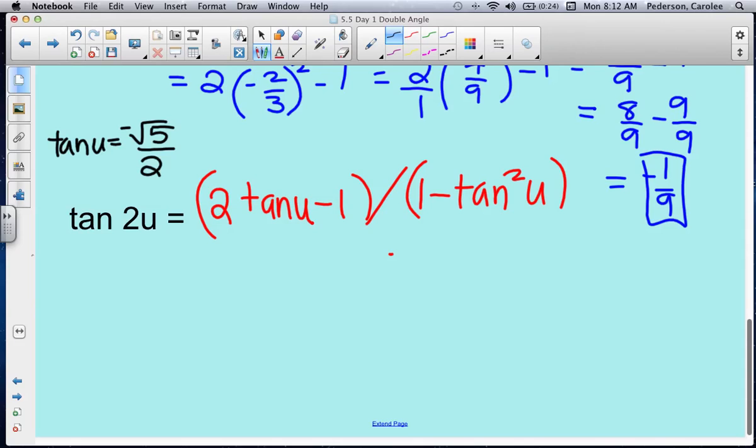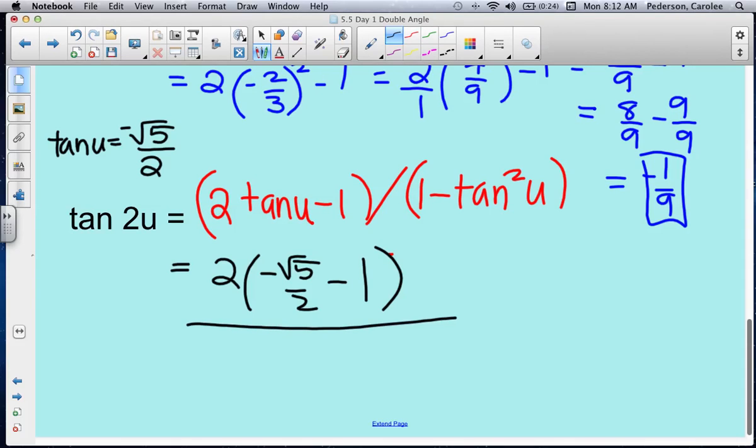And now we substitute it in for the tangent. So 2 times negative square root of 5 over 2, all over 1 minus negative square root of 5 over 2 squared.